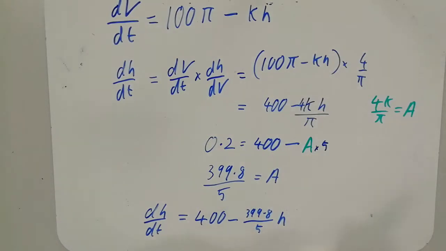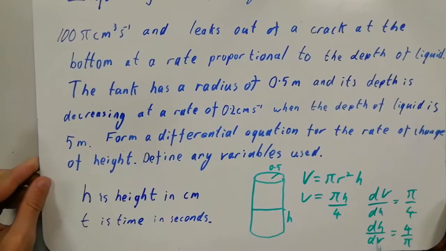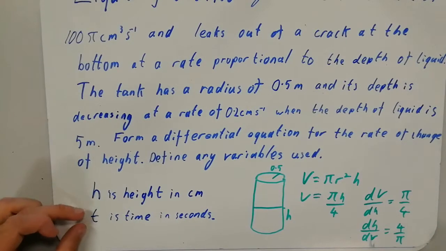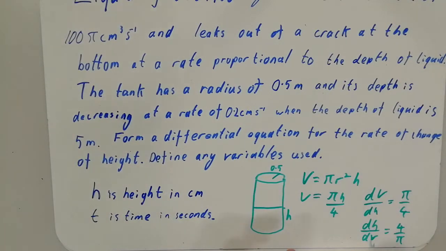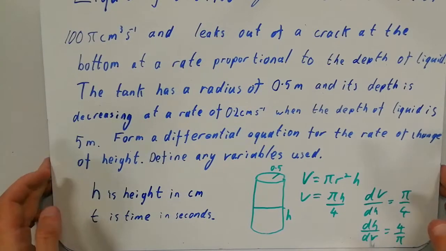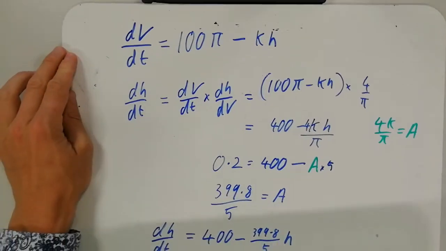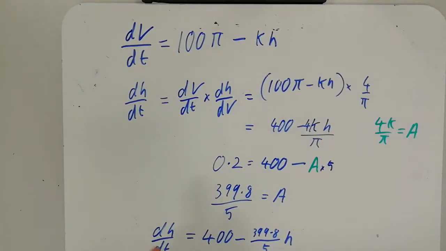Okay, so just looking at the key steps that I've done there, start off, read through the question, define any variables that it's clear I'm going to need, including units. Then, if you've got some geometric shape or solid, just do a little sketch of it, get your bearings, and we realised we needed to link volume and height. So I wrote down a formula linking volume and height, simplified as much as I could. I then wrote down the differential equation using the information given to me in the question, dV/dt.